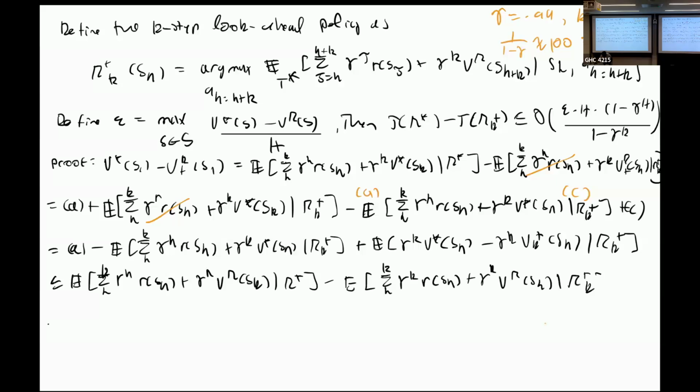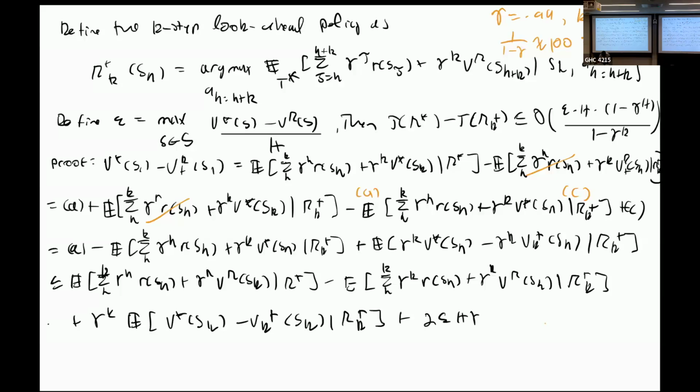And then I'm going to have this remainder term we had above, which is gamma to the K times the expectation of V star of S_K minus V_K plus of S_K, conditioned on me picking actions according to my K-step look-ahead policy. Plus the thing I have to pay for switching from V star to V pi, which is 2 epsilon H gamma to the K.